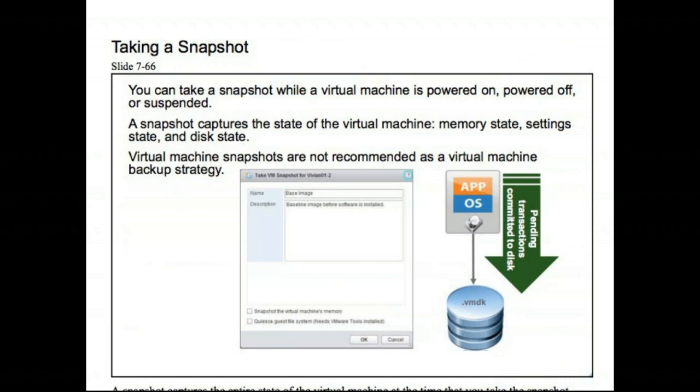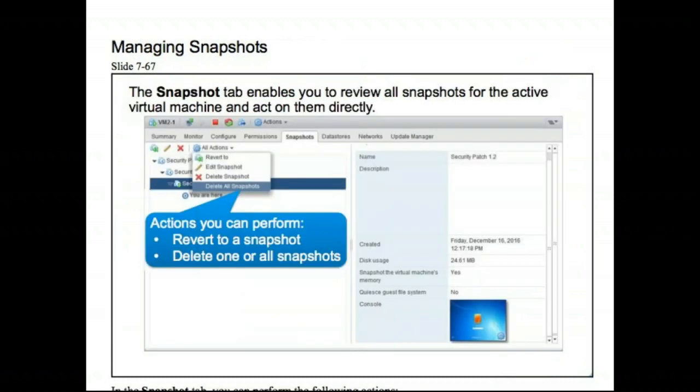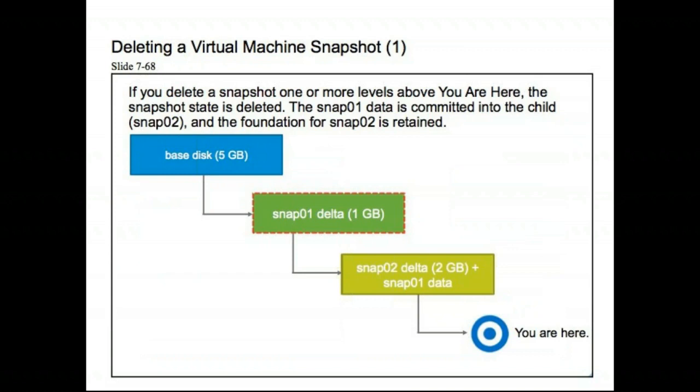Okay, so we already discussed how to take a snapshot and how to manage the snapshot, and this is again saying how to delete a snapshot. What will happen if you delete the snapshot? Its changes will be committed.